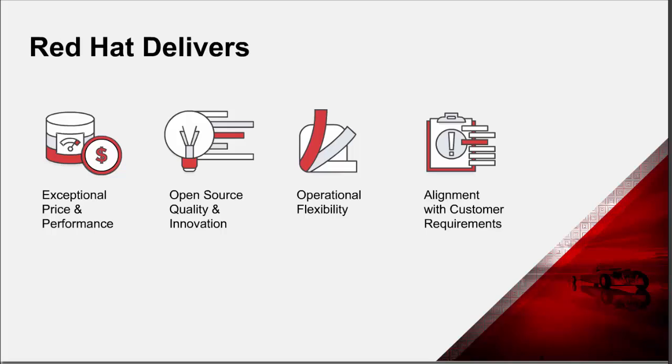So why is that? With the model of how we build software, we can provide an exceptional price and performance model because we don't have to do all the software development ourselves. We do it in community, so the innovation can also be driven by our customers and our partners who join those open source projects.